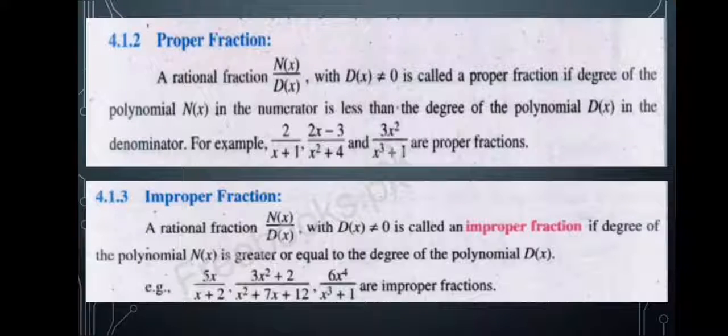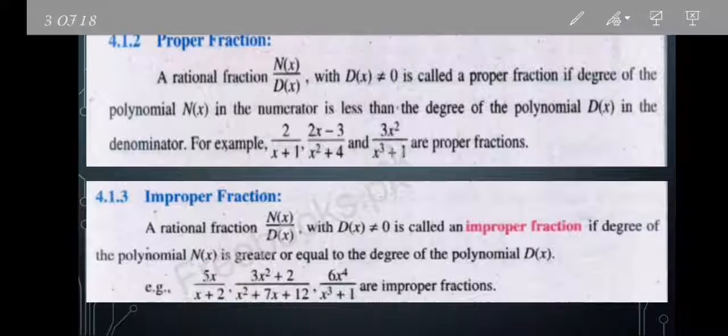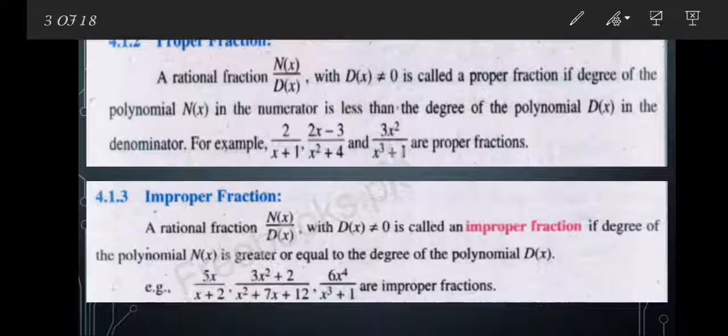Examples are given as 5x by (x plus 2). Here 5x has a degree equal to 1, whereas in the denominator we have x plus 2. The degree of the polynomial in the denominator is also 1. So here they are equal, and we studied the definition for both equal and greater.